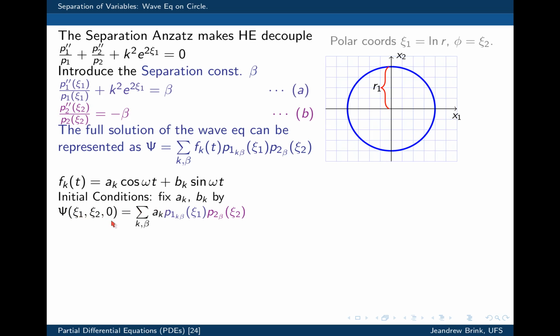If t equals 0, you have psi of c1, c2 at time t equals 0 equals this thing. And because both of these are solutions to Sturm-Liouville problems, and I'm going to show this more rigorously later, we proved that you can expand any function that obeys the same boundary conditions on this basis, and that is what a_k is.